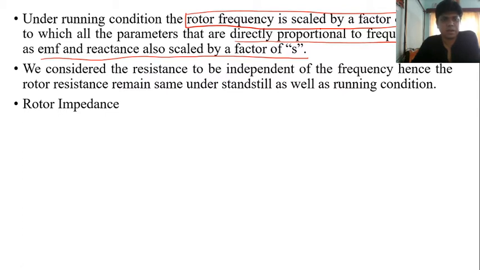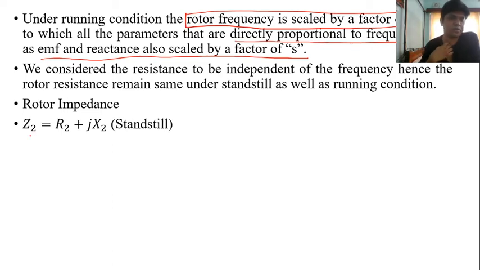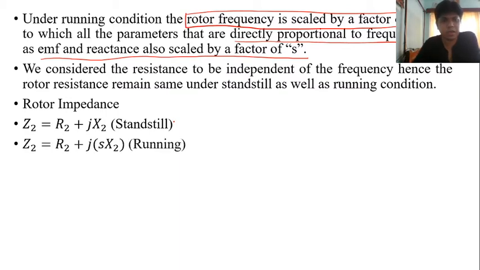Now let us talk about the rotor impedance. The expression of the rotor impedance is what? Z2 equals R2 plus jX2, which is the expression of the rotor impedance at the standstill condition of the induction motor.